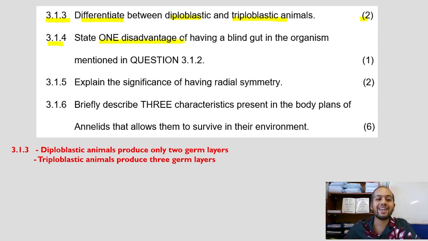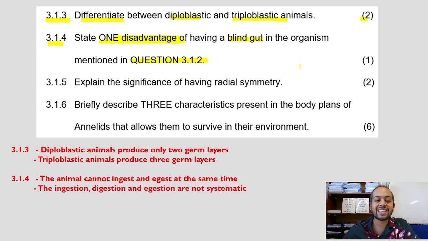3.1.4 says state one disadvantage of having a blind gut in an organism mentioned in question 3.1.2. So what does the one disadvantage of a blind gut mean? Remember that in a blind gut you only have 1 opening, but in a through gut you have 2 openings. So if you're only going to have 1 opening, the animal cannot ingest and egest at the same time.